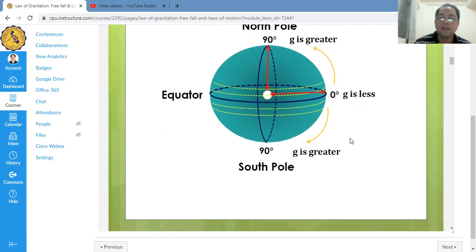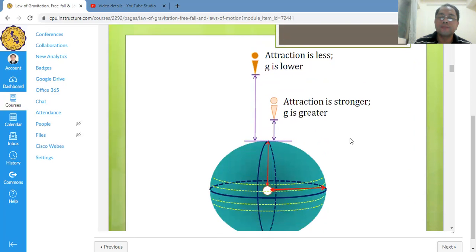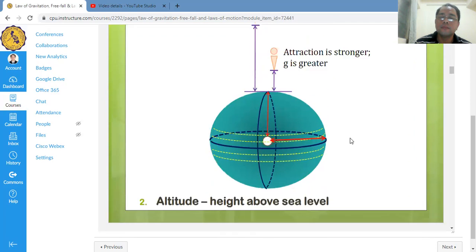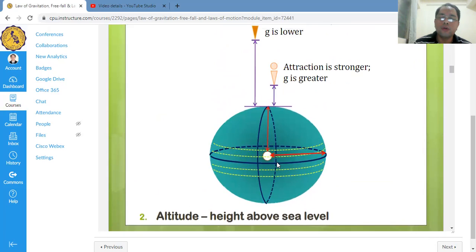Now next is the altitude. If you throw an object from a higher place above the ground, as you move up, there's lesser gravitational pull.